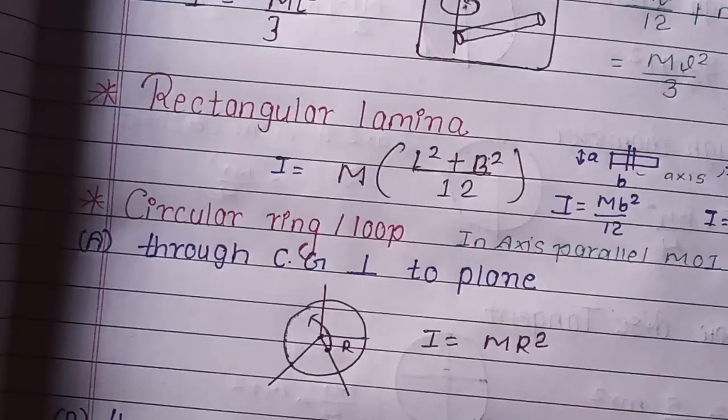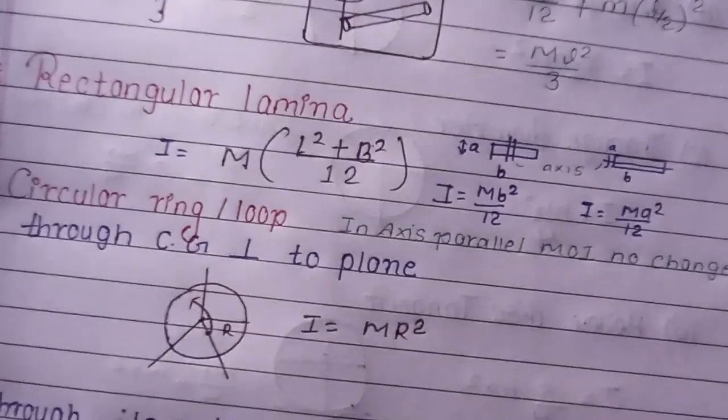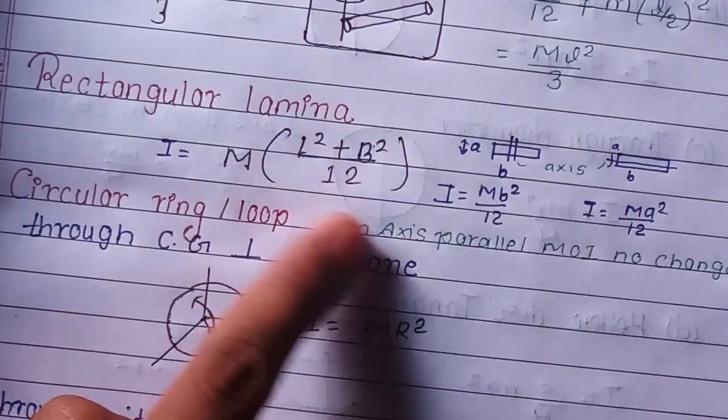And for the rectangular lamina, we must remember I is equal to m by 12 times l square plus b square.